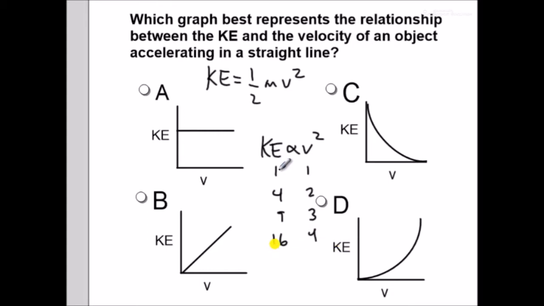Now if you look at this table, you will see as the velocity is increasing 1, 2, 3, 4, the kinetic energy is also increasing. Secondly, kinetic energy is not increasing 1, 2, 3, 4. Although it is increasing, it is not increasing linearly, it is increasing non-linearly.